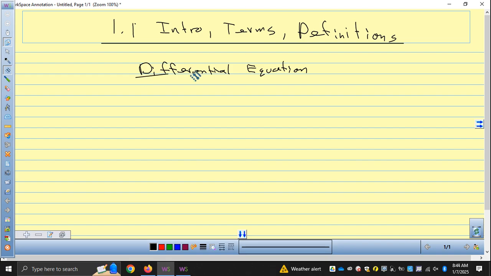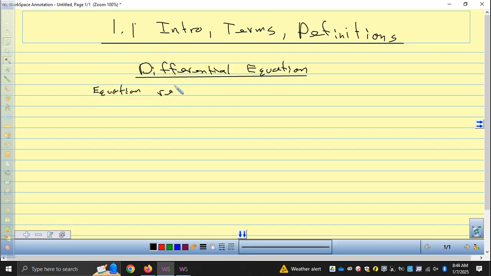A differential equation is just an equation that relates a function and its derivatives. I'm going to say a function or functions to one or more of their derivatives.